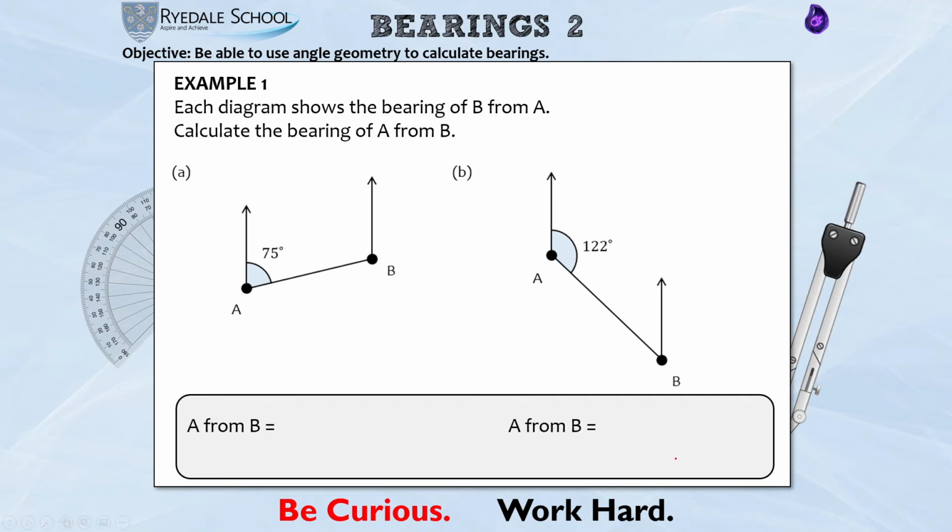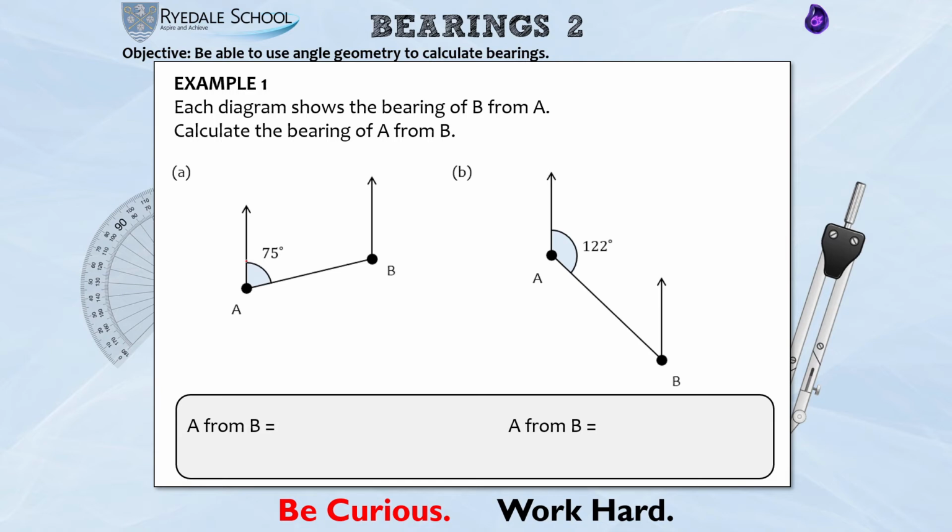So let's look at some simple examples before we move into something a little bit more complicated. Each diagram shows the bearing of B from A. Calculate the bearing of A from B. Remember, a bearing is measured clockwise from the north.